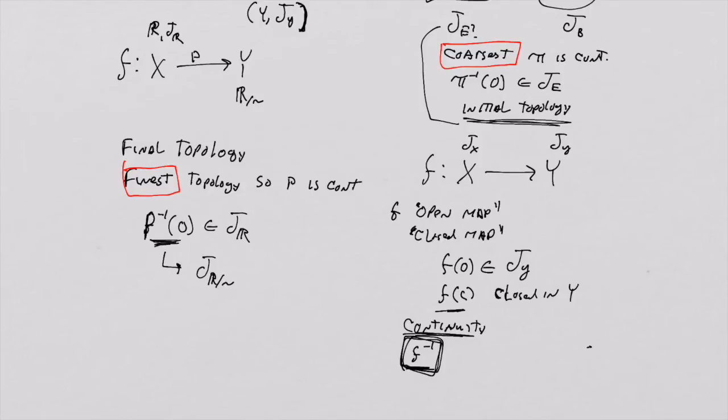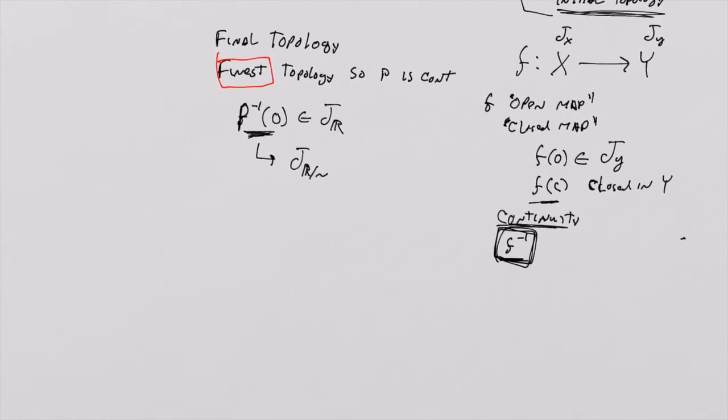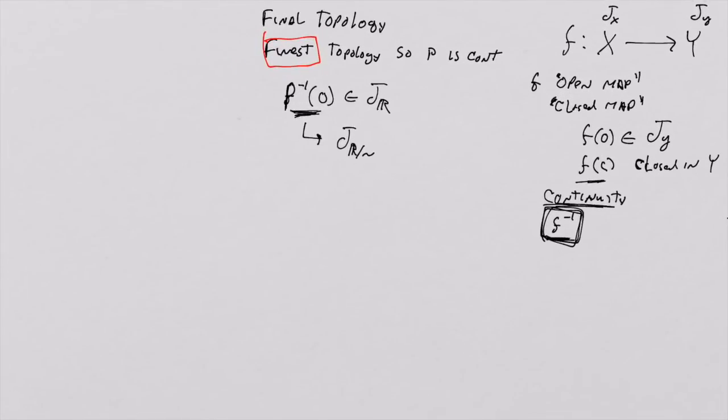This allows us now to define the quotient map. Notice we've already established the canonical projection P. Now the question is, do we have a quotient map? A quotient map has to be surjective, which means it has to be onto. It does not have to be one-to-one necessarily, but it has to be onto.